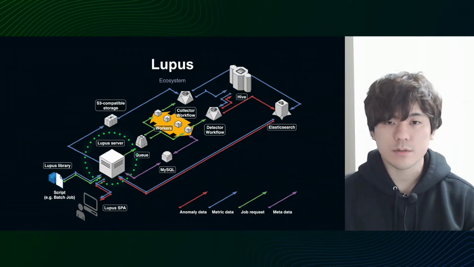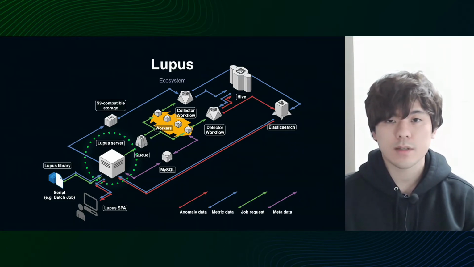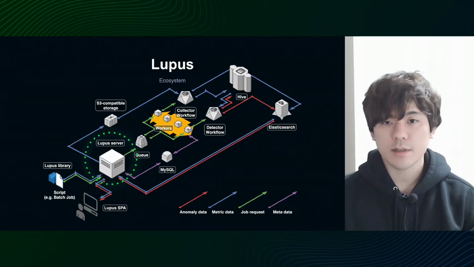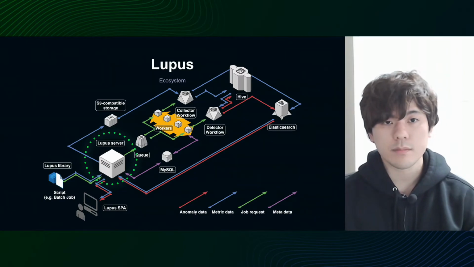The Lupus server is a point of entry for all requests and performs proper authentication. For example, when metrics are sent from a batch job, the decision to accept the metrics is made through token-based authentication. On the other hand, access from a browser is tied to a company employee account that identifies each individual, and users can only access the information for which they are authorized.